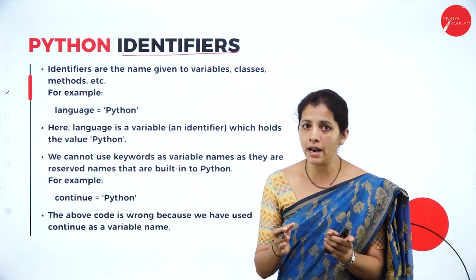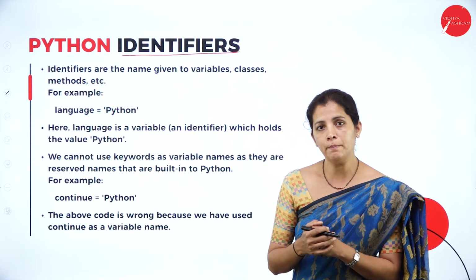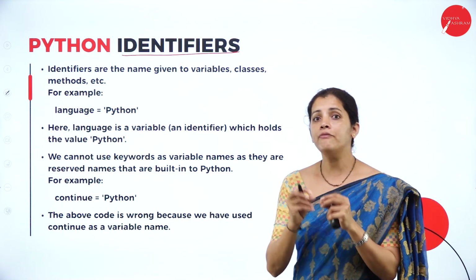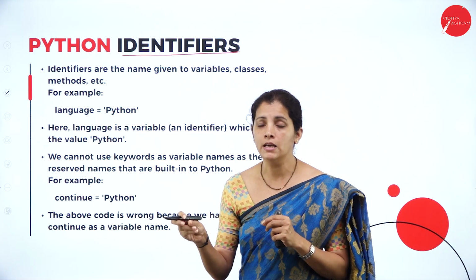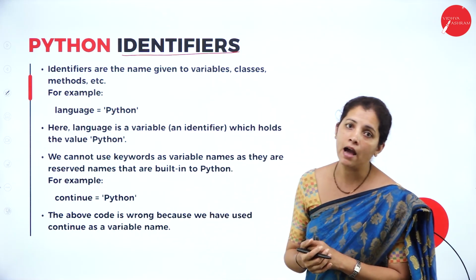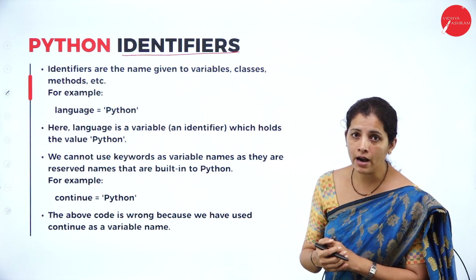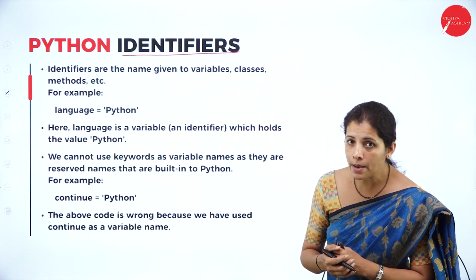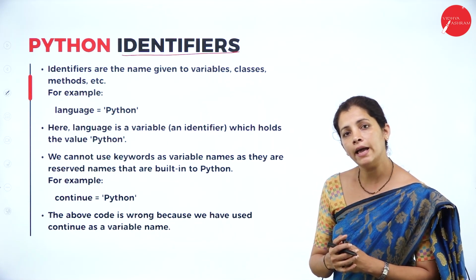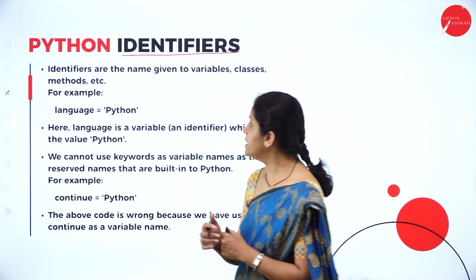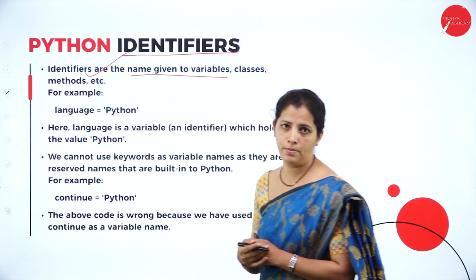By the name, right? By the name, you are going to identify me. Similarly, if I want to identify a programming element, then I must have the identifier. Examples for identifiers are variable name, method name, class name, etc. So identifiers are the names given to the variable.